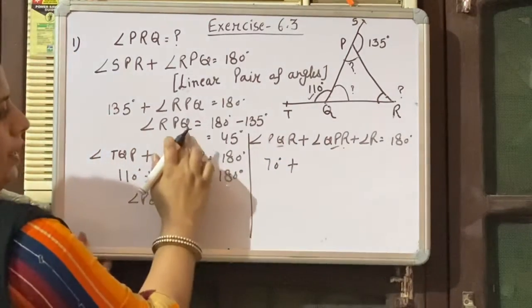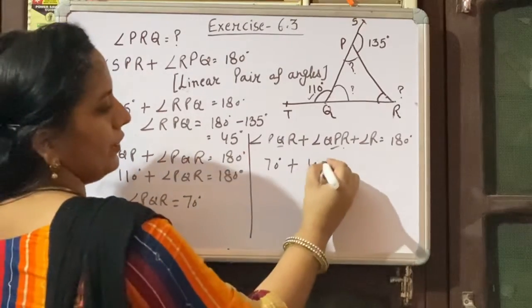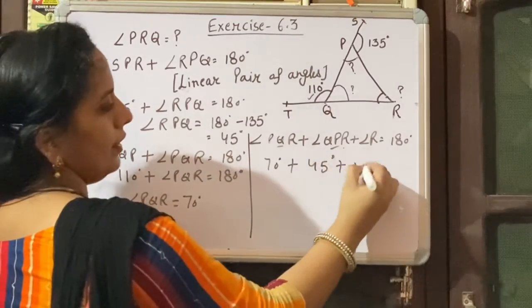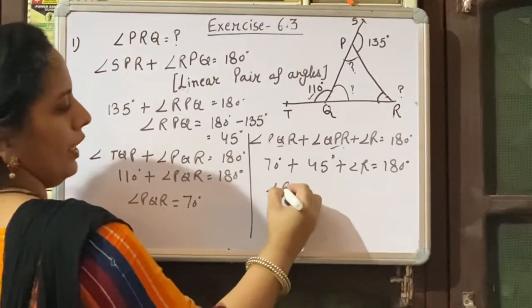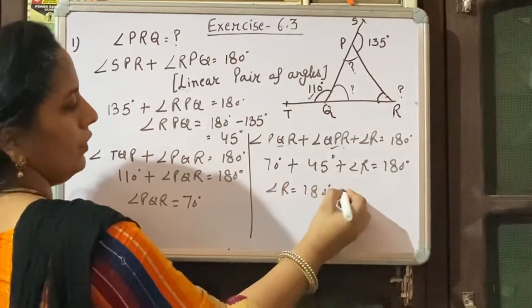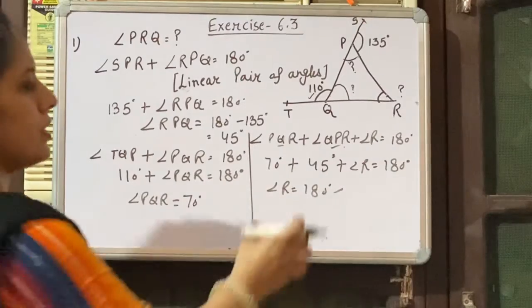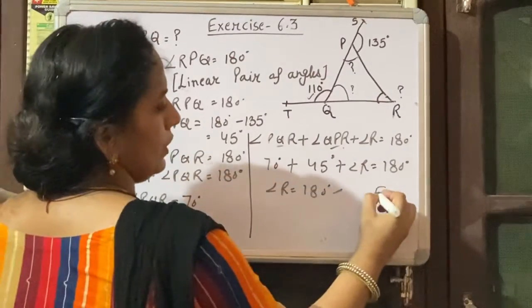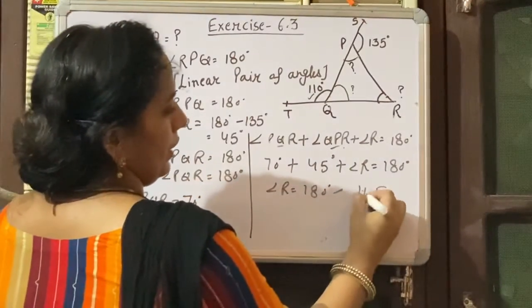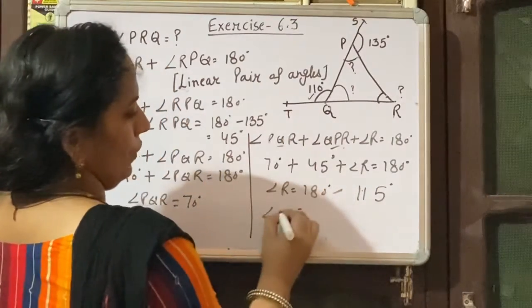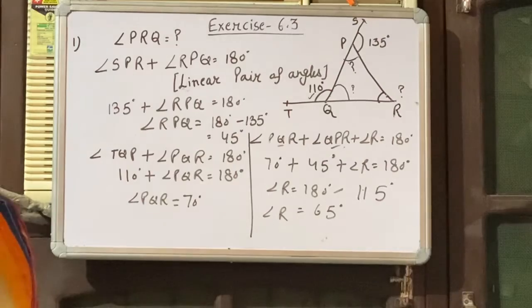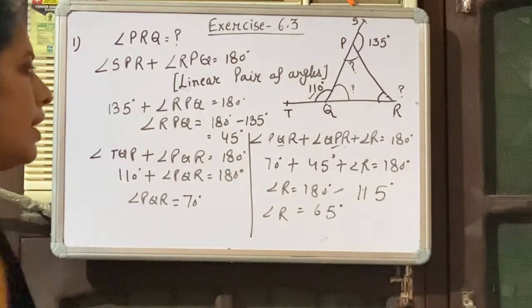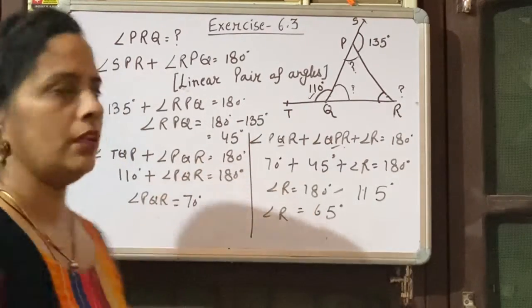Second, QPR is 45 degrees, plus angle R, which is equal to 180 degrees. So angle R will be equal to 180 minus the sum of these angles, which is 115. So we can write it here, angle R is equal to 65 degrees. This is our required answer.